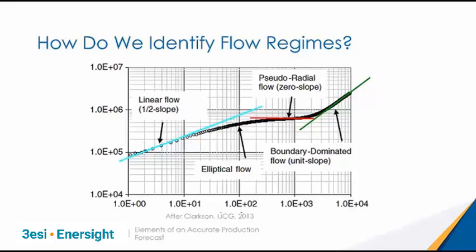The next flow regime that's really important, I'm going to skip some of this intermediate stuff, is the characteristic shape once we have fully felt the effects of the boundaries. On this kind of plot, we get a unit slope, a straight line with a slope of 1, double the slope that we saw earlier.